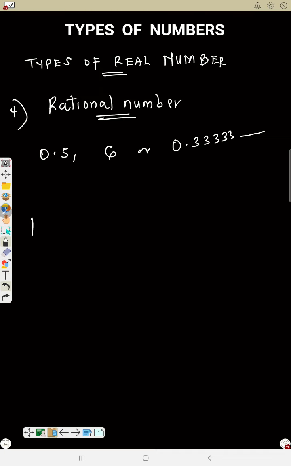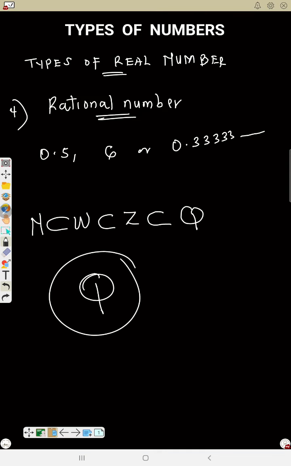That is, natural numbers are inside whole numbers. Whole numbers are inside integers, and integers are inside rational numbers. Now we represent rational numbers with the letter Q. So what I said is inside means subset in mathematical symbol.